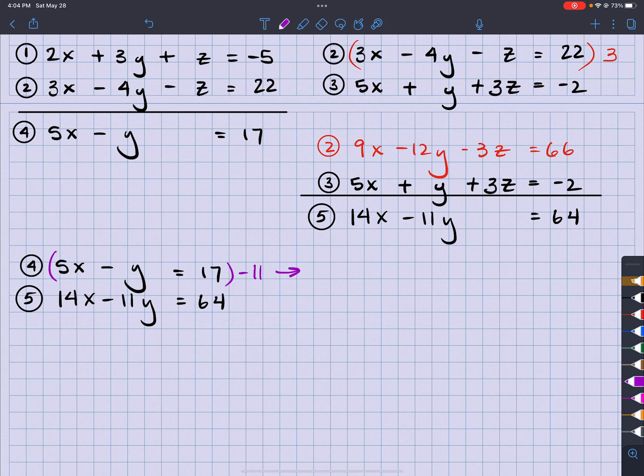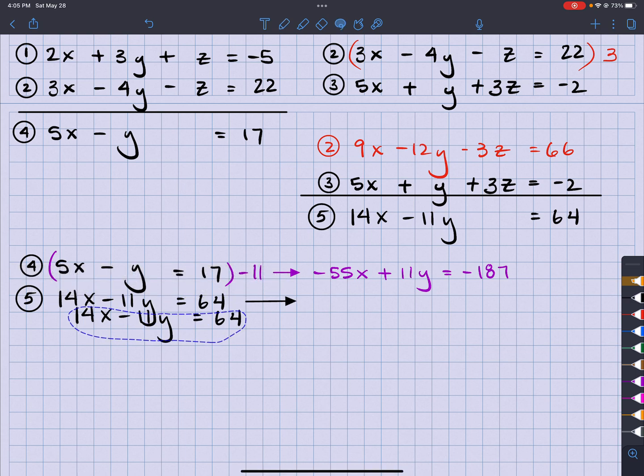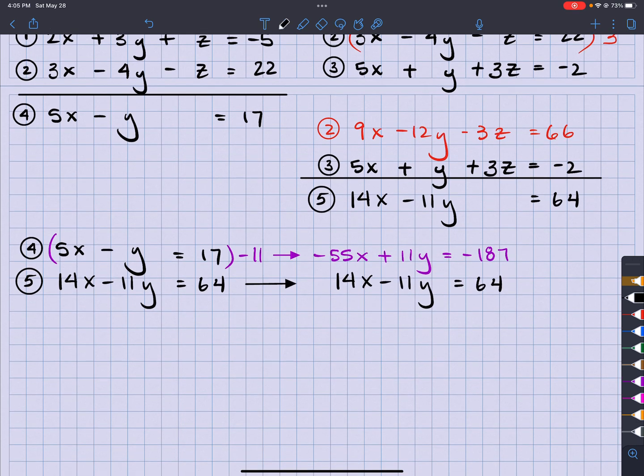That's going to get me negative 55x plus 11y equals negative 187. The second equation stays as is. So there we go. Let's add those two together. When I add those two, what do I get?